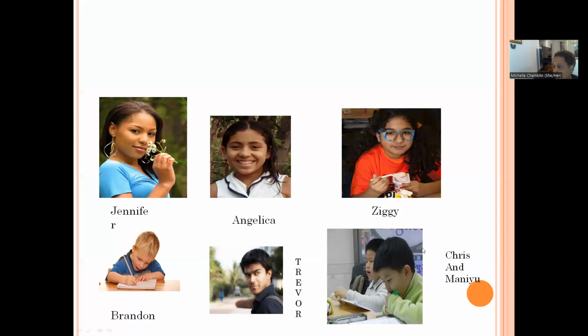Trevor is in courses that are Regents level and would be considered general education classes. Next one, number 4, Jennifer. Jennifer attends Madonna Heights, a 24-hour care facility, and she attends school on the grounds of the facility. It is a residential care site.